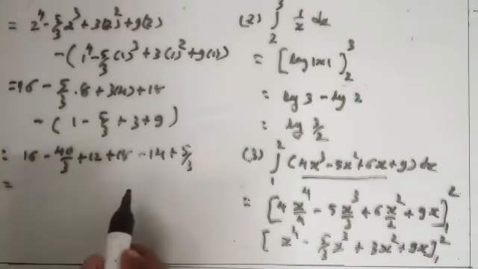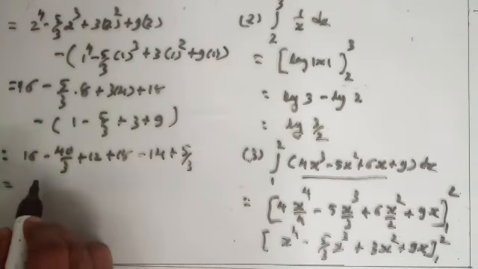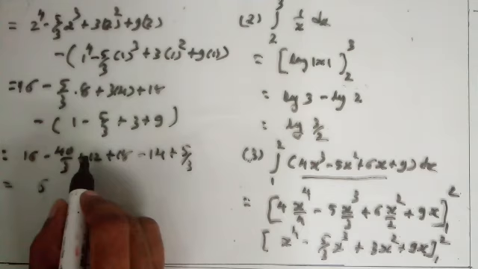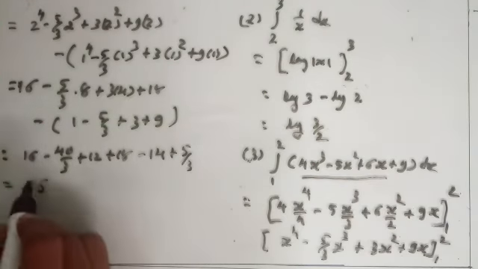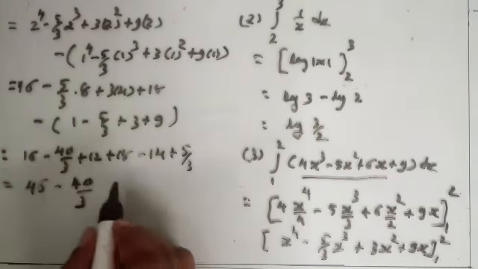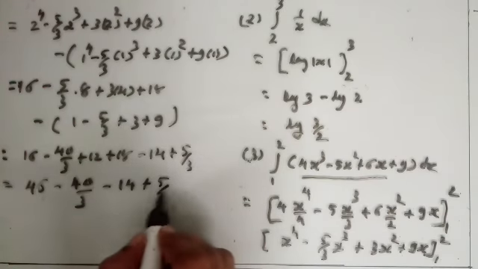So is equal to, now simplify this: 8 plus 2 is 10, plus 6 is 16, 1 carry, 2 plus 1 is 3, plus 1 is 4, minus 40 upon 3 minus 14 plus 5 upon 3.